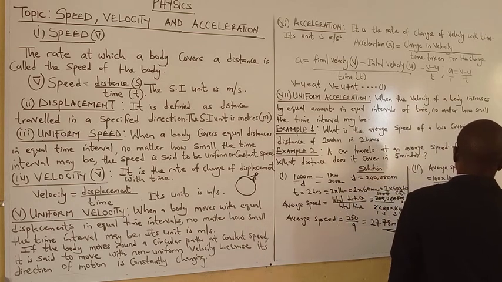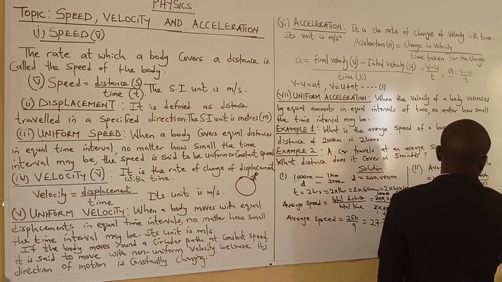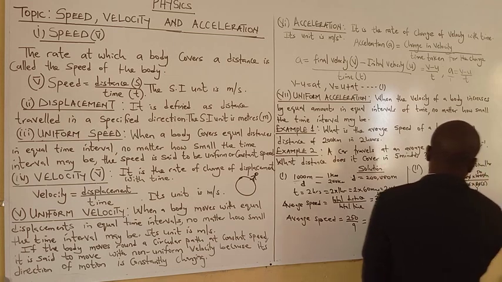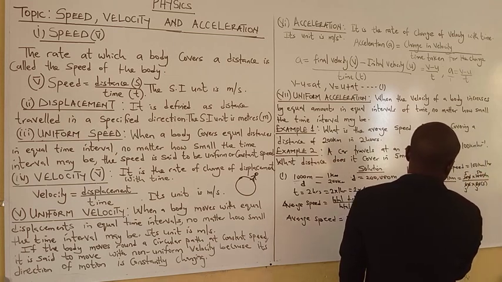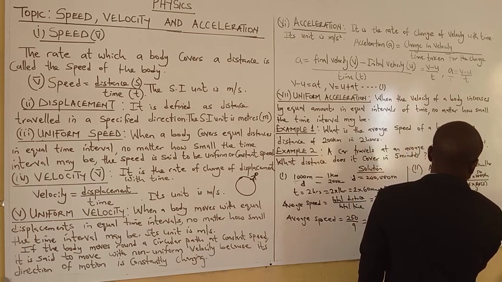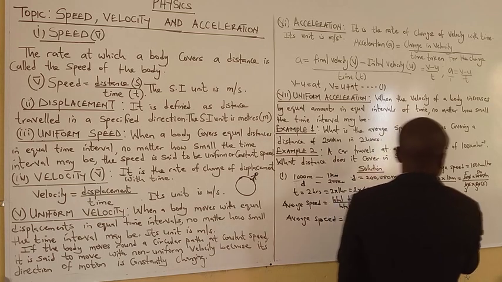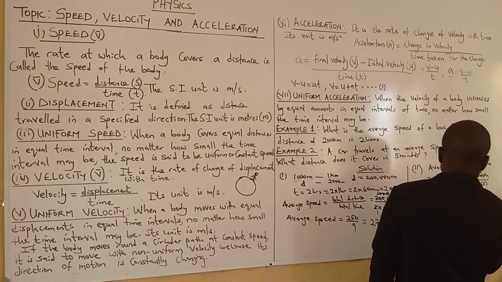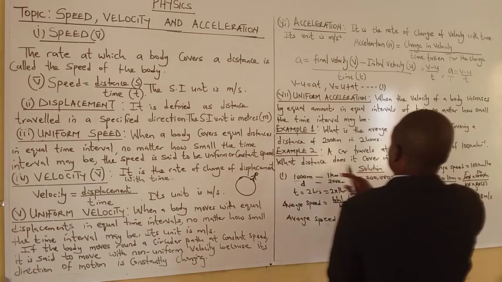Now let's do some divisions. 0 cancels 0, 0 cancels 0, 2 here 3, 2 here 5 0, 2 here 3, 2 here 5. Average speed equals 250 divided by 9. When you get that, you have 27.78 meters per second.